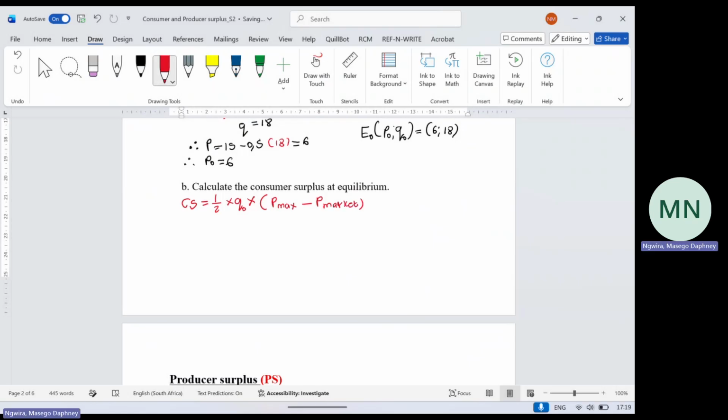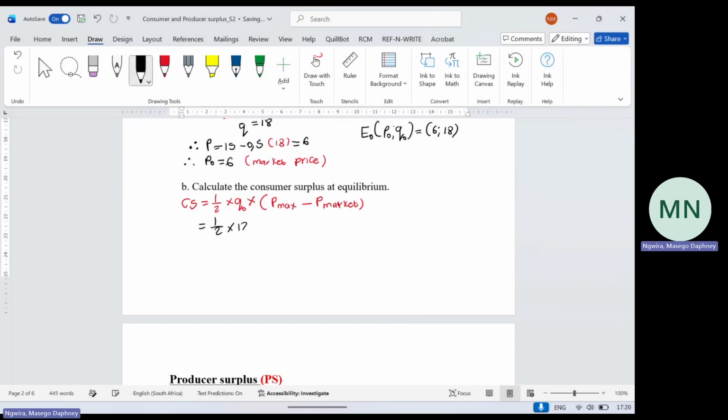So we all know that this is our market price. So I am going to have half times our Q naught, which is 18, if you remember.